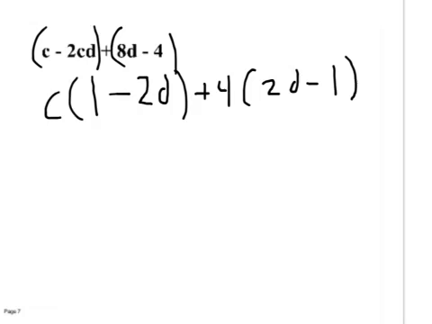Okay. So instead here, negative 4. Yeah, you could do that. Let's take negative 4 out. So it'd be negative 2D. What's 8D divided by negative 4?